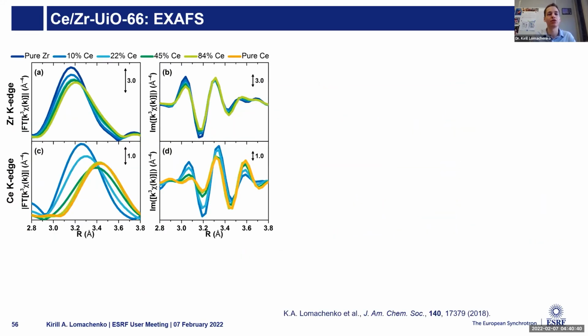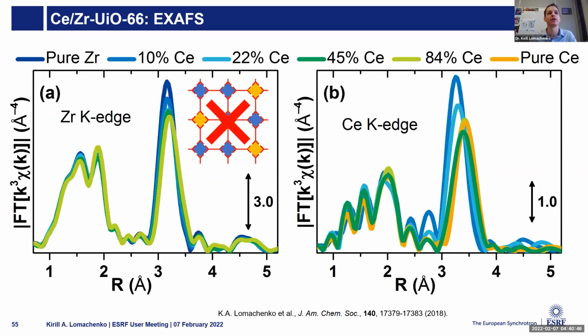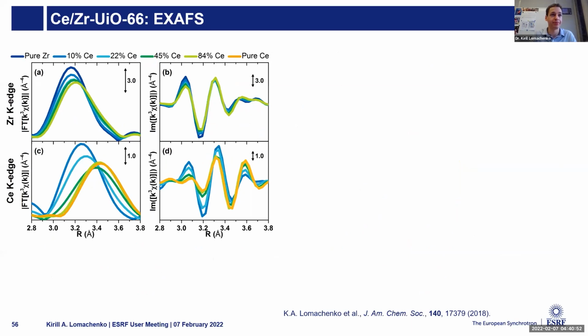So what happens? Let's zoom in on the part that is actually cerium-cerium or cerium-zirconium scattering. The second peak we see here is the peak at around 3.5 angstroms. Here you see the dependence of the intensity and position of this maximum, in panels A and C. If you just look at it, it can also give you a hint of what happens.